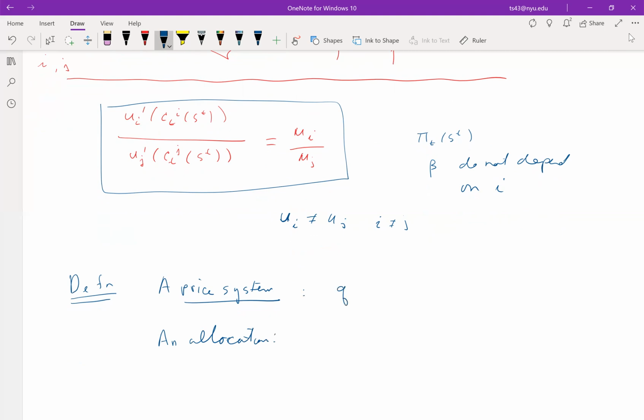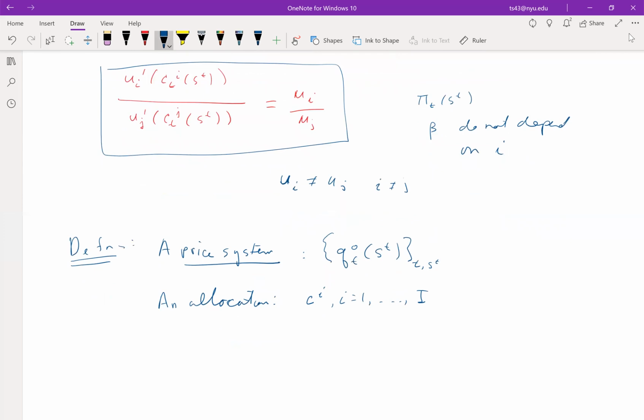A price system is one of these for all t, for all s^t. It's a whole sequence. So the price system is a price for every date and every history. An allocation is a c^i for i equals 1 through I, for everybody.